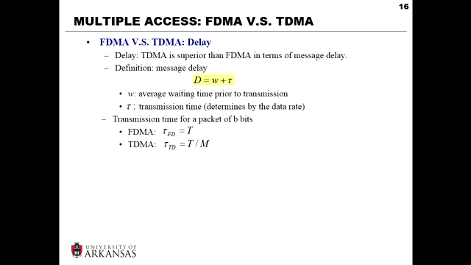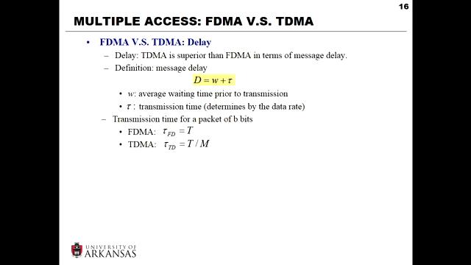So what is the delay? The definition of the message delay is W plus tau, where W is the average waiting time prior to transmission, and tau is the actual transmission time. The transmission time is determined by the data rate: the amount of data divided by the data rate gives us the time required to transmit.